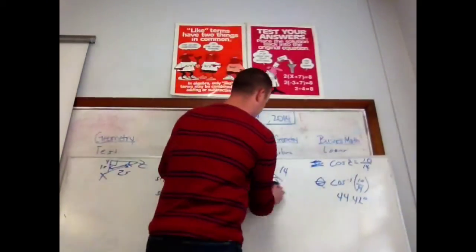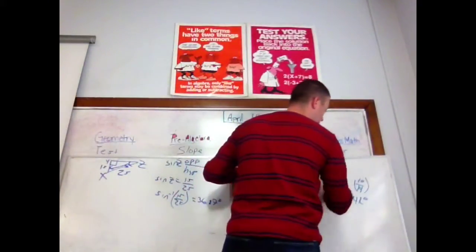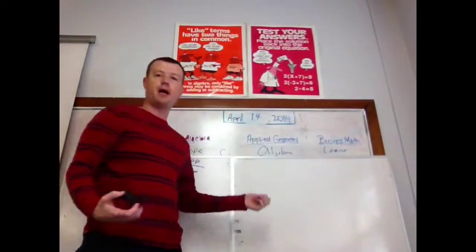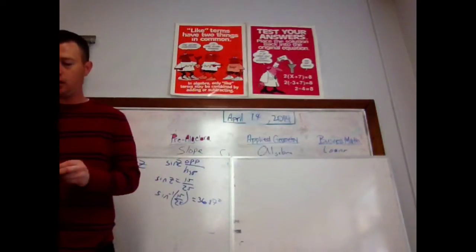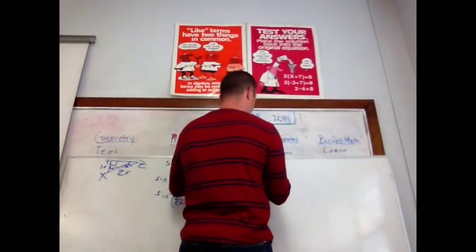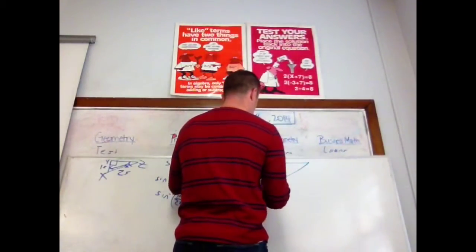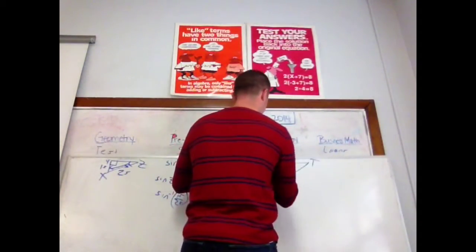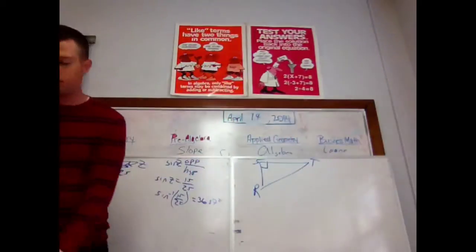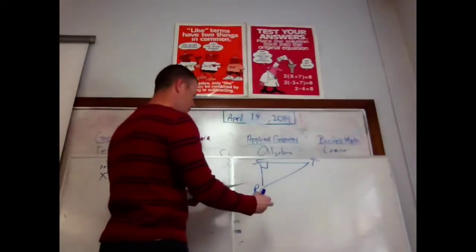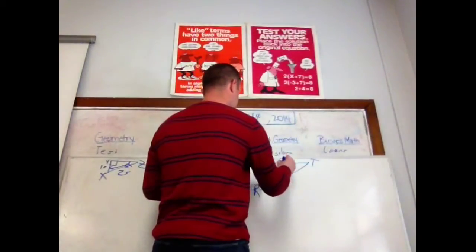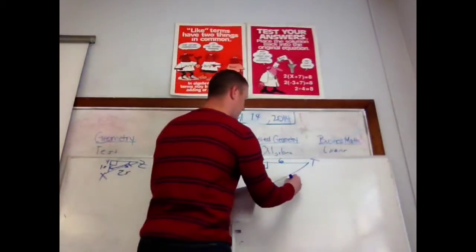Number 15 is probably the hardest one. It's not really hard, we want to find everything. We have a right triangle. This is R, this is S, this is T. Alright, RST. So, ST is 6, RT is 9.